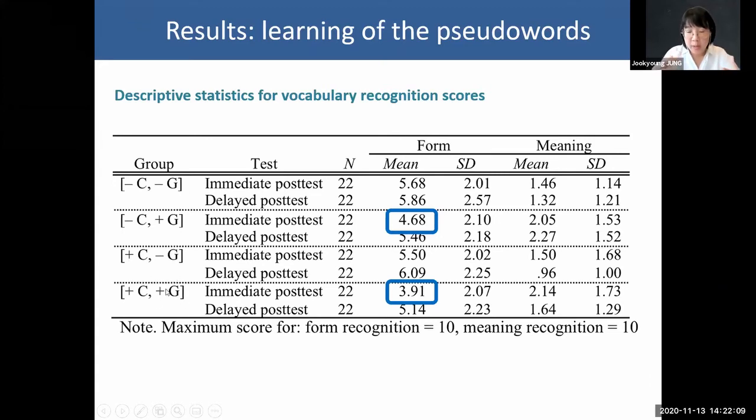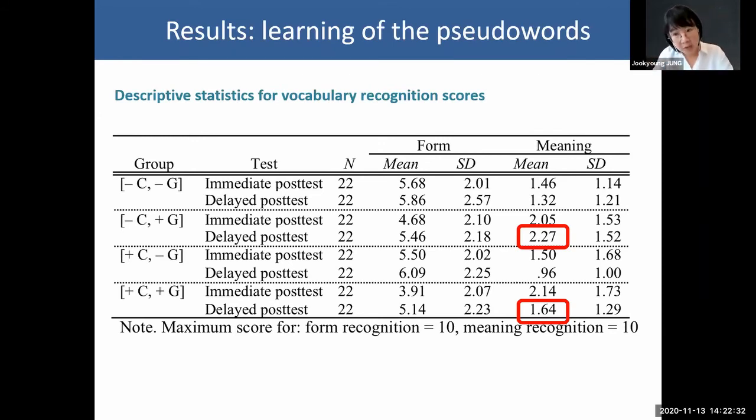In other words, when they read the text in their glossed versions, their form recognition scores were lower. And when it comes to meaning recognition scores, their scores were higher. So when the target words were glossed, form recognition scores were lower, but meaning recognition scores were higher, which was very interesting.